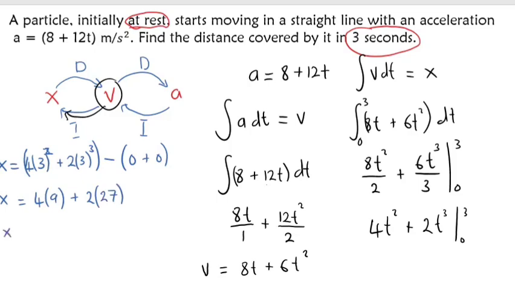So adding them, let's see what we get. 4 times 9 will give us 36, of course, and 36 plus 54 should give us 90. So that's our distance. Distance here is 90 meters. There we have it. That's how we find it.